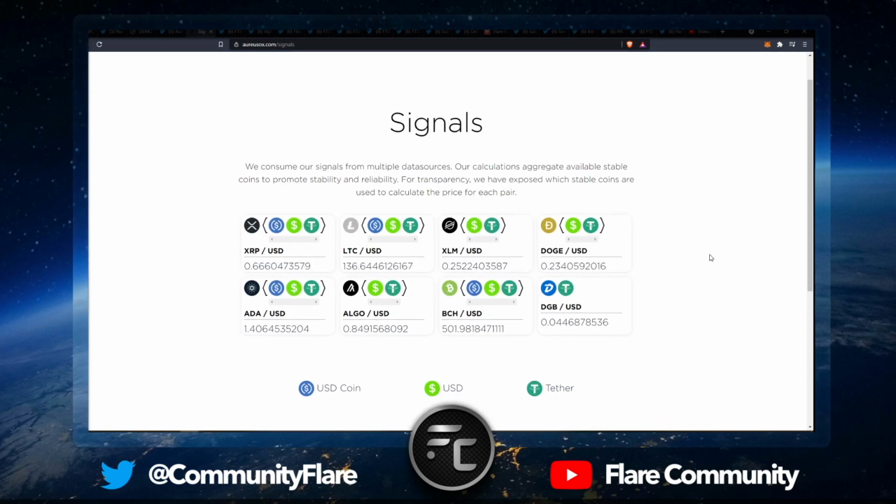Another thing which is important to mention is that these signal providers are not just basing their estimates on a single asset, such as Tether, because that would be very risky in case the price of Tether, for whatever reason, was to fluctuate below or above $1. So, as we can see here, they have USD Coin, US dollars, and Tether as well. Very interesting indeed.